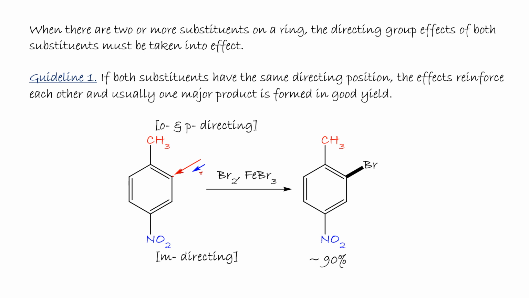Ortho is open, but para is blocked with nitro. So we have this position and that, on the same carbon, right? So they reinforce each other, and we get bromo on this carbon in 90% yield. It's 2-bromo-4-nitrotoluene.